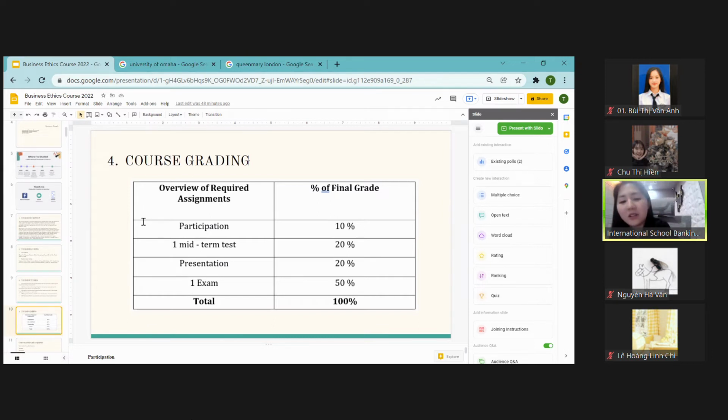So at the end of the course, if you have so many extra credit points, then you can convert them into your score. For example, 1 extra credit will equal 1 participation score. So if you miss 1 class, you can make it up by raising your hand and answering the question or expressing your idea.